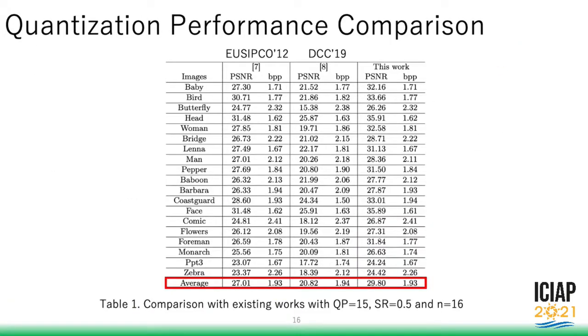At first, I show the quantization performance comparison with QP equals 15, sampling rate equals 0.5, and the number of bits equals 16. On average, our algorithm achieves an average PSNR of 29.80 decibel and an average BPP of 1.93.